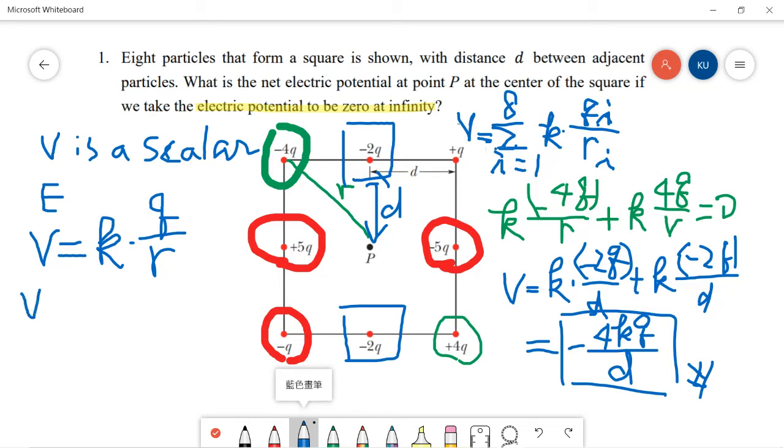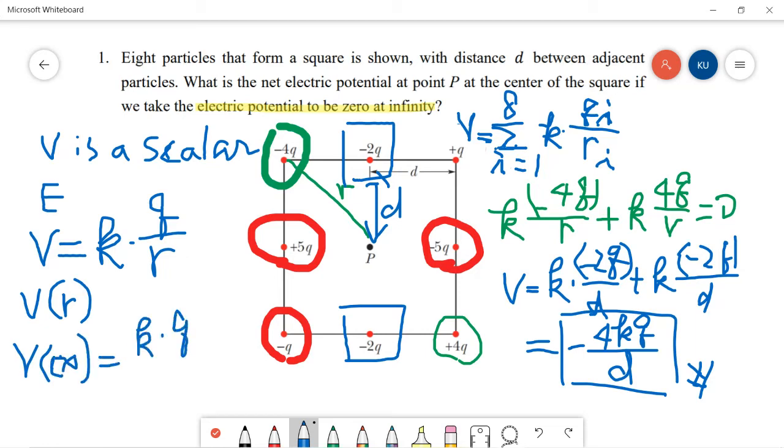So V is actually a function of R. And in this equation, if we just substitute R equals infinity, then it will be two constants multiplied together over infinity, which is 0. So it already matched this condition.